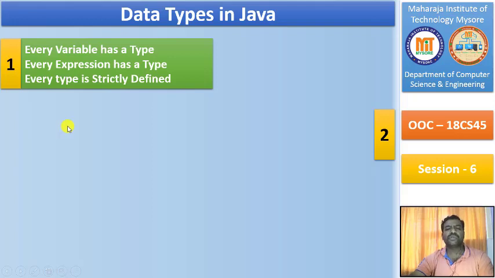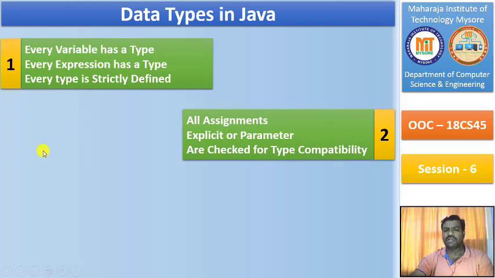As in C programming, every expression also has a type. Every type is strictly defined. This is the keyword you should look out for, because in Java every type involved in an expression or a variable is strictly defined. I will tell you what exactly this means when we put the word strictly.